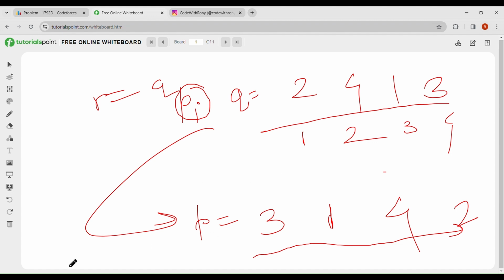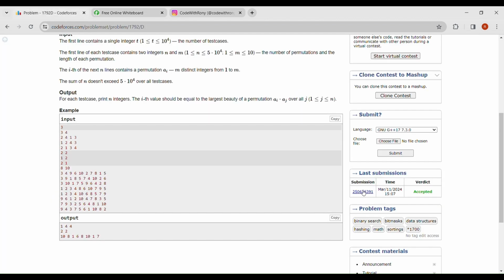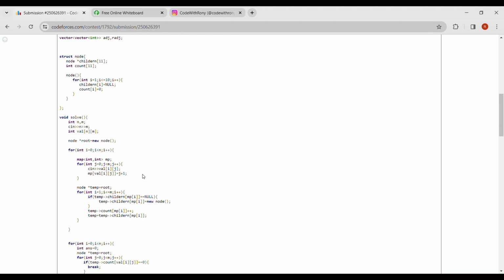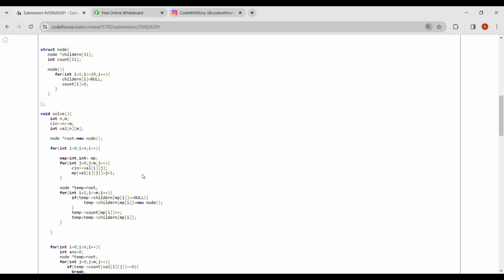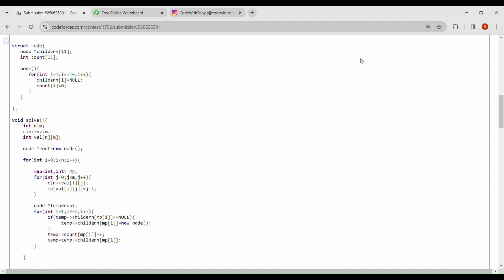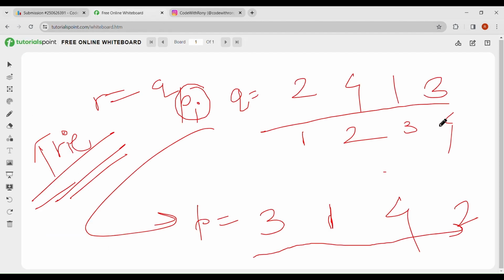So for that reason I used a trie. There's one concept, trie. I will go to my code also. So I used a trie. In this trie, the only thing you need to consider is that to select any p, you need to check the indices.